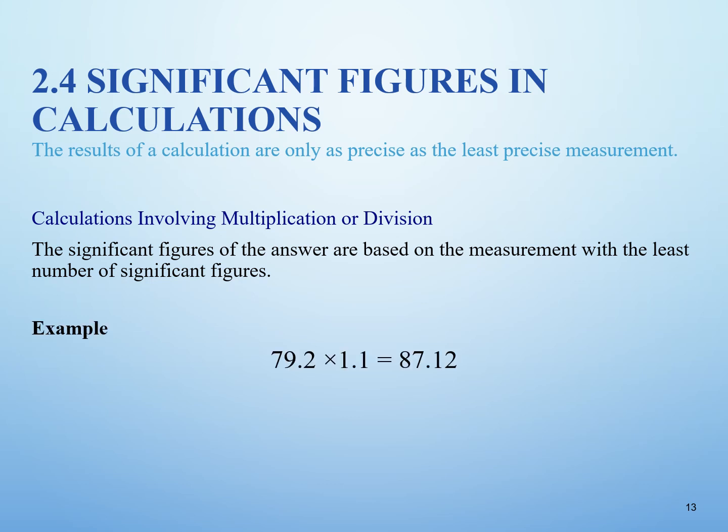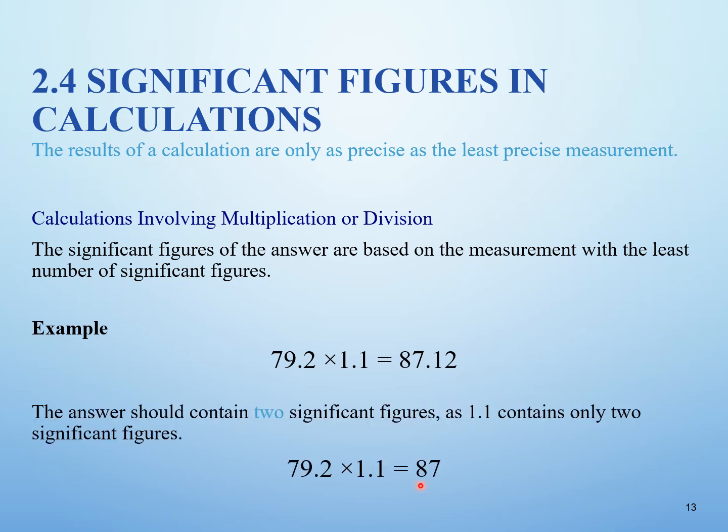So for example, if you're multiplying or dividing, in this case, I have 3 sig figs here, and I have 2 sig figs here. Even though we put this in a calculator, we get a bunch of numbers. Technically, if we were limited by our instrumentation, we only know it to the precision of 2 sig figs right there. Okay. So I would actually keep 87 as my answer.